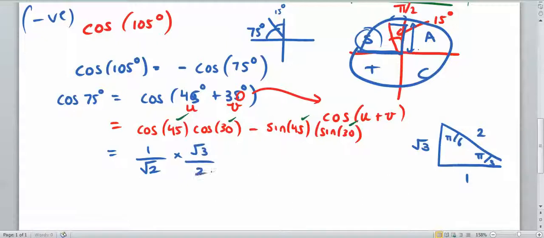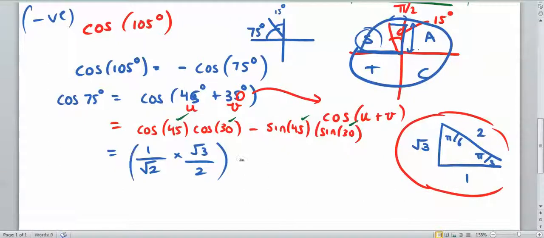I don't want you to memorize these. Well, I do want you to memorize all the values, but I always want you to consider going back to that, just to actually practice using your brains. Okay, so that's that, and then we're taking away sine of 45, which is also 1 on root 2, and sine of 30 is 1 over 2, which is a half.